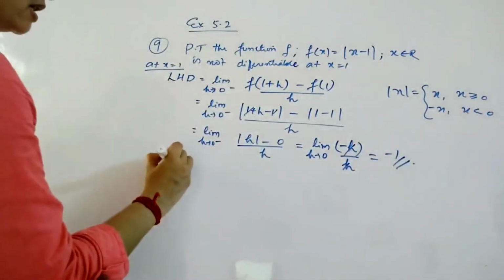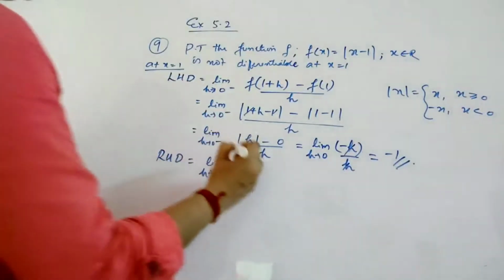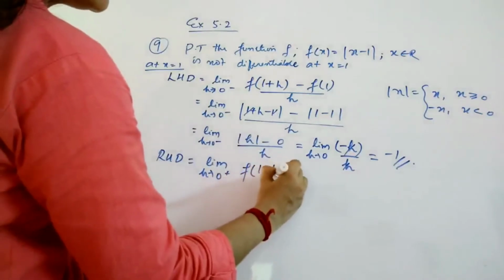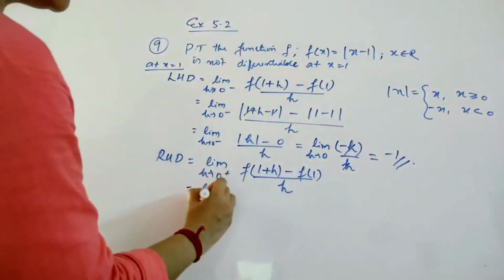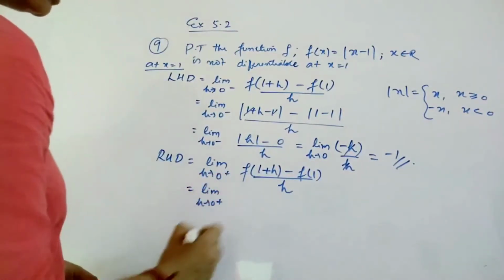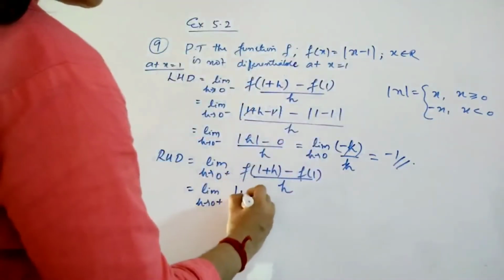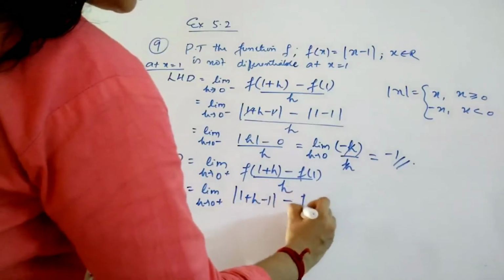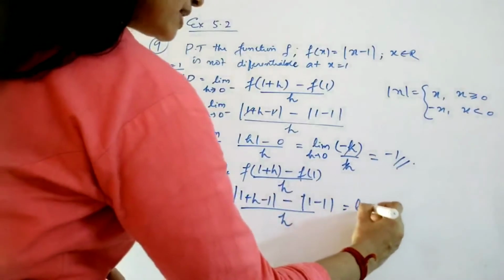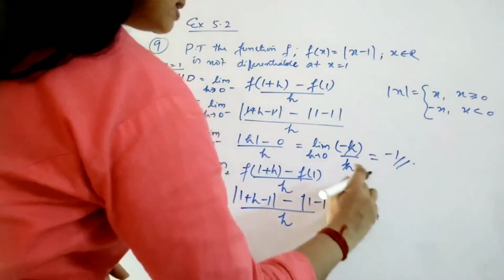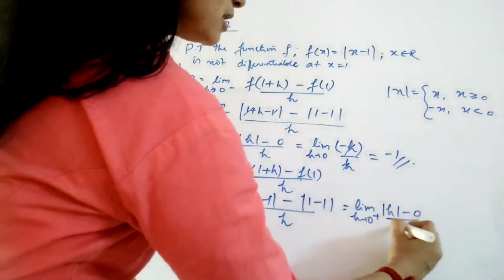Now for RHD, you have the limit as h tends to 0 plus of f(1 + h) − f(1) divided by h, which is again equal to the limit as h tends to 0 plus of |1 + h − 1| − |1 − 1| divided by h, which is again equal to the limit as h tends to 0 plus of |h| − 0 divided by h.